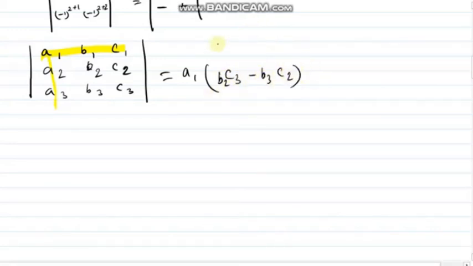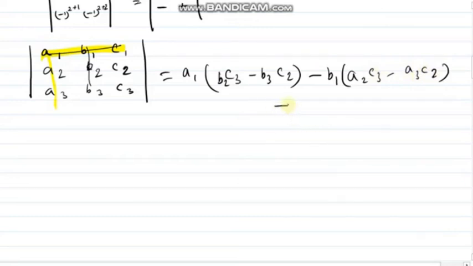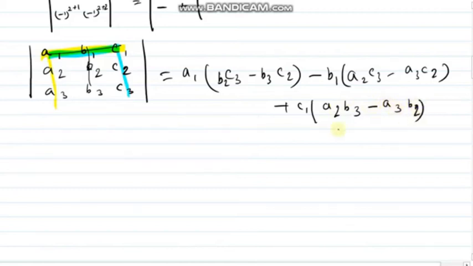As I'm multiplying cofactors here, for B1 the sign will be minus, and I omit its row and column, so it will be A2C3 minus A3C2. And for C1, again I go back to the plus sign, it will be A2B3 minus A3B2. That will be the value of the determinant.